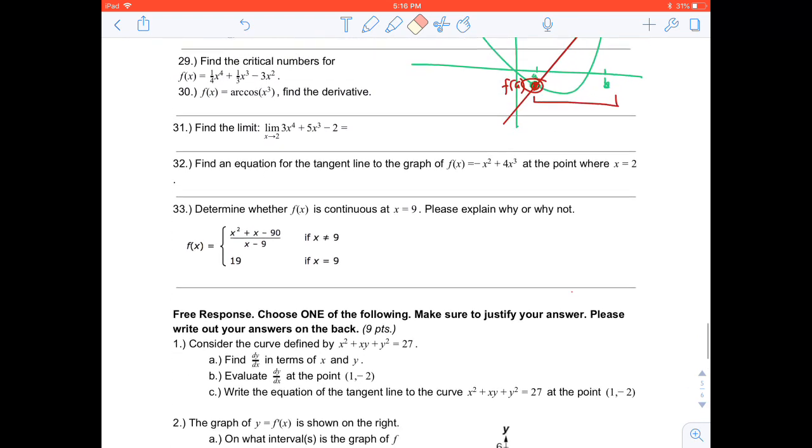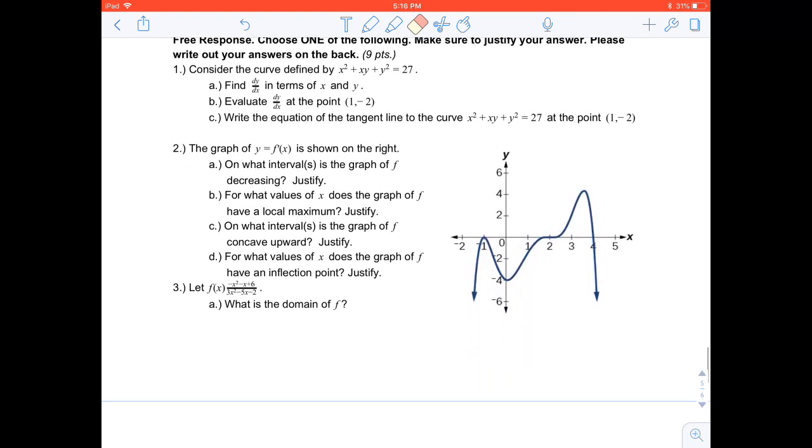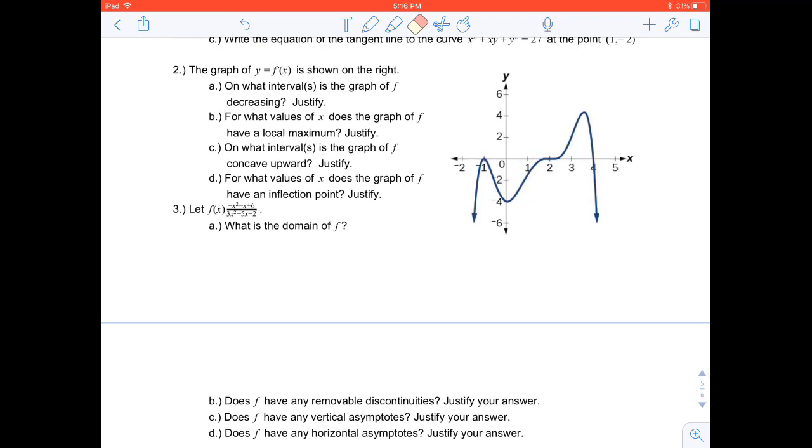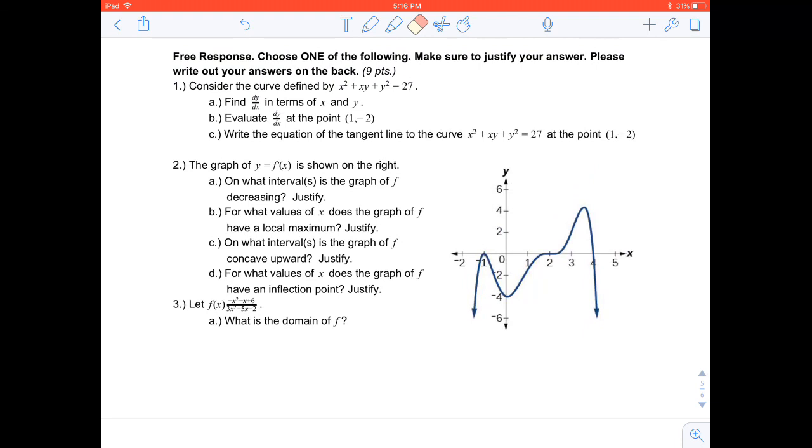Remember, you are going to have free response questions on the test that you can pick one of 3. These are pretty similar to what you'll see on the test, so make sure you go over these. Take a look here. This is implicit differentiation that you're going to have to do.